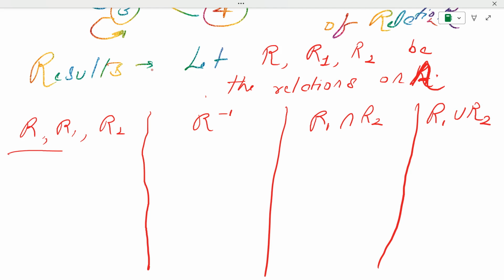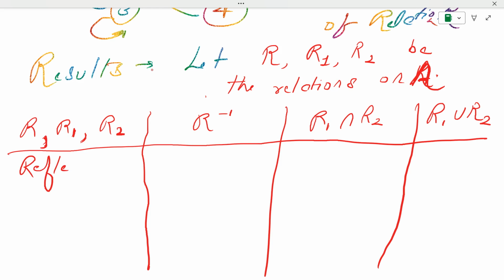So this is basically a comparison between all. Here we are considering that all three are reflexive, that is R, R1 and R2. So what is R inverse? If it is reflexive, then what does that mean?